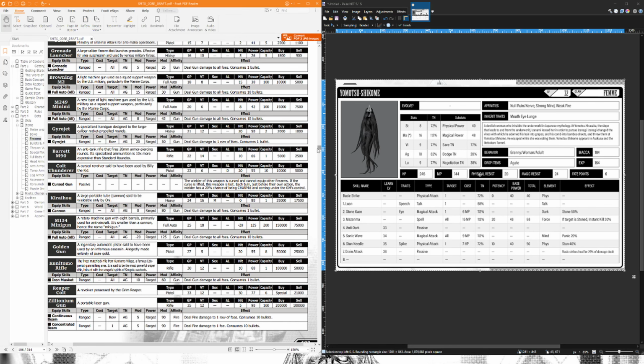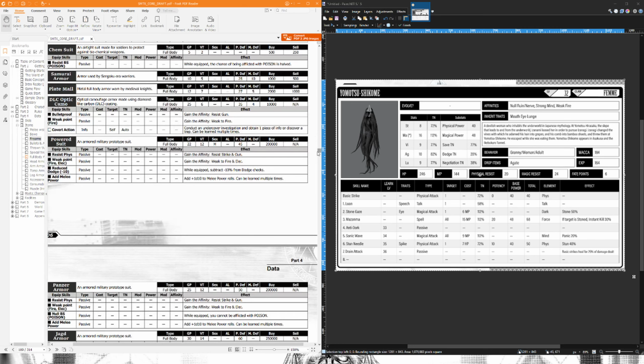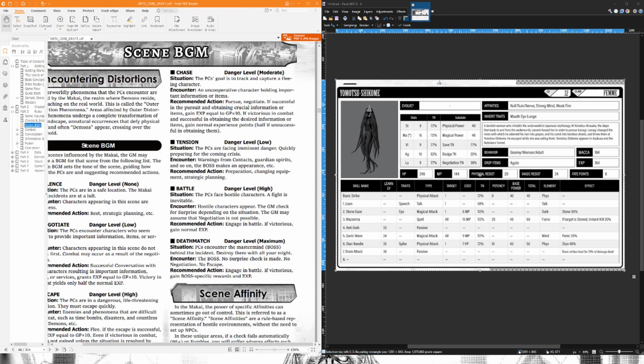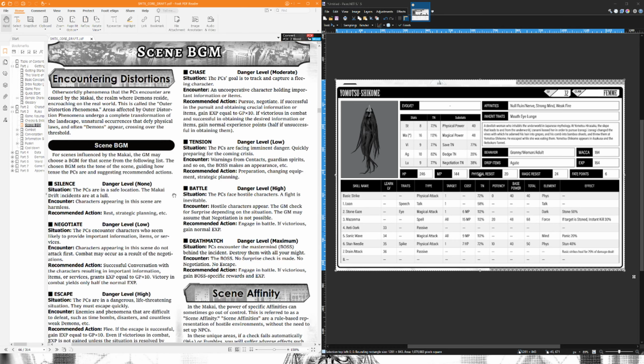But yeah, there's a setting difference, and I'm just talking about everything that X can do instead. Yeah, rules section. So we'll go to scene background music. So this is a weird system that I need to read some of the other replay books to see if these actually come into play.